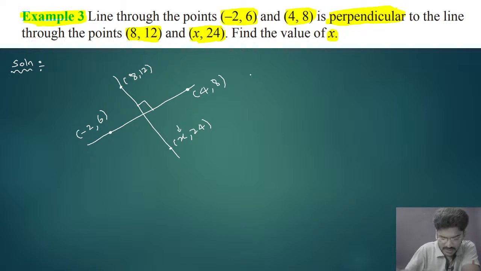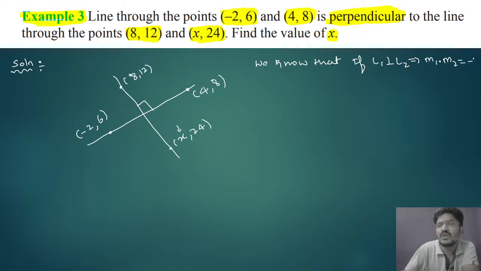Okay, now let us go for the solution. We know that if L1 is perpendicular to L2, it implies M1 into M2 equals -1. Now find M1, the slope of L1. Take this as L1 and this as L2.